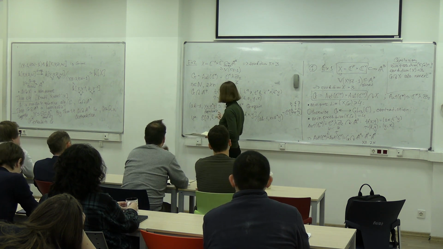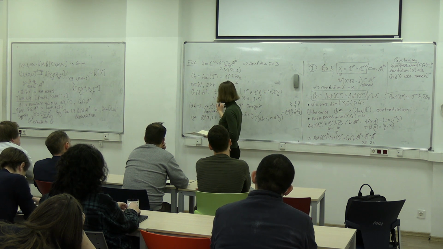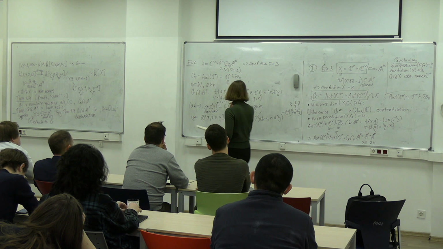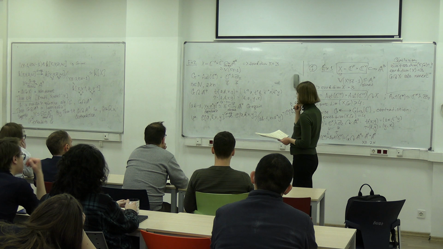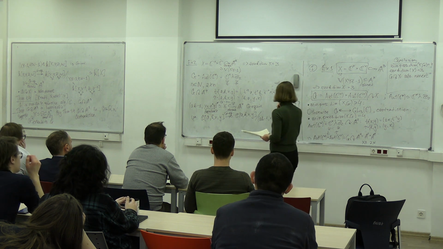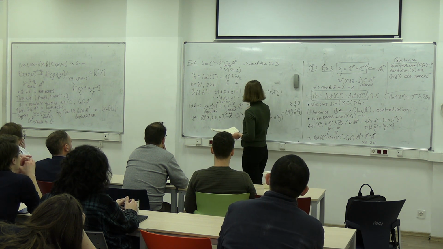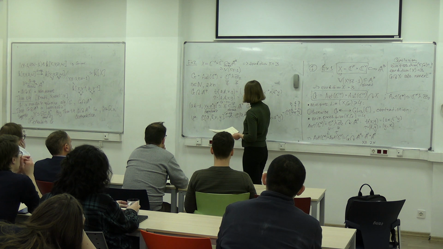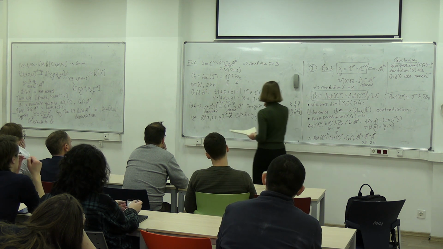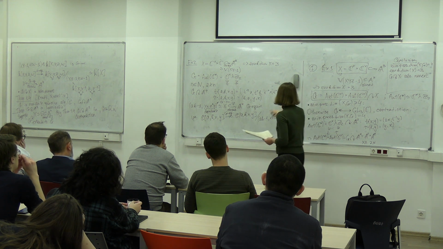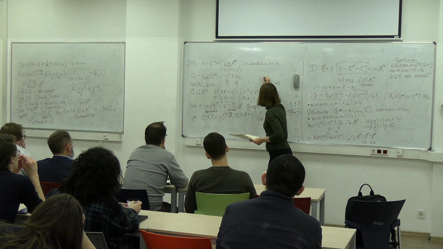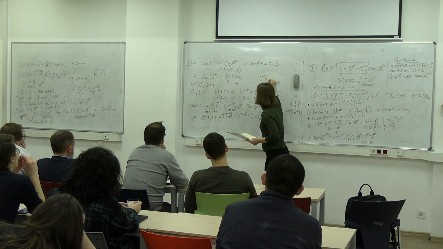I claim that this ideal is G-invariant. Since when we multiply these two elements, we get ab again, and here a and y. Here I need to check it.